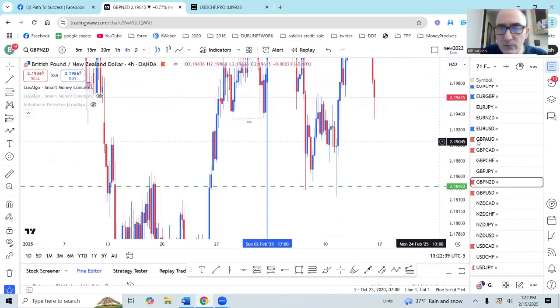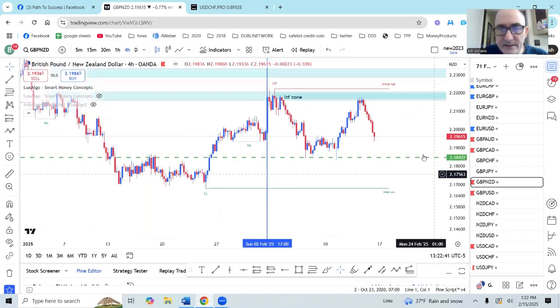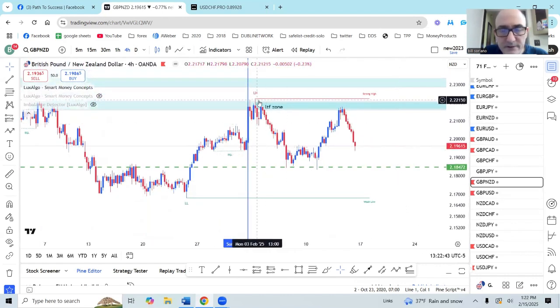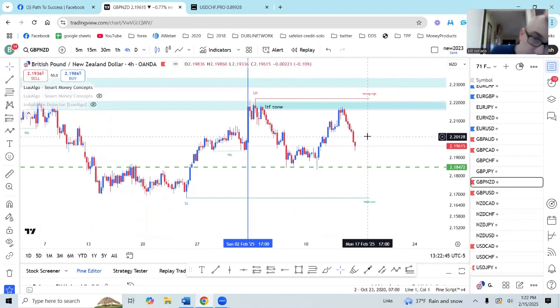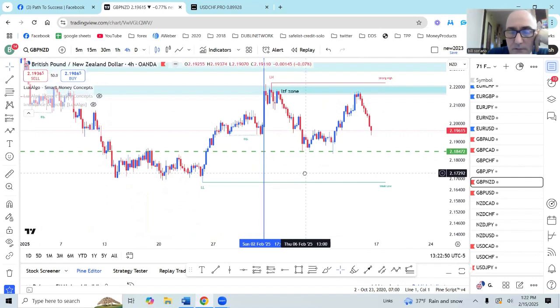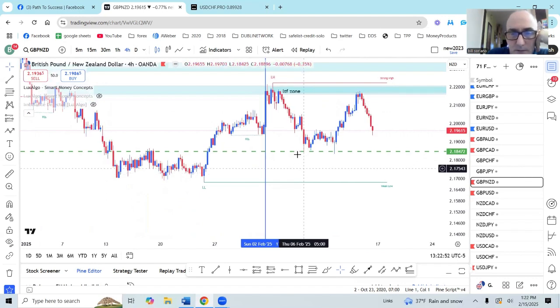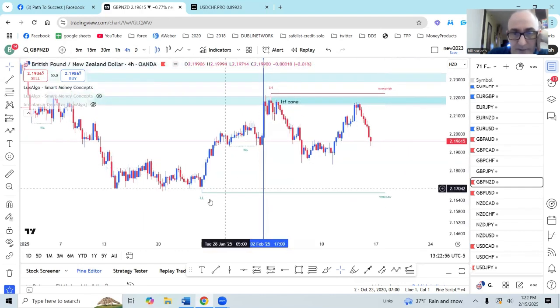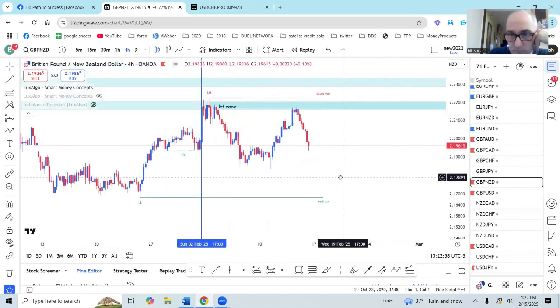So when we look at the 4-hour chart here on GBP NZD, if you're in that trade there, you would look for a break of structure down to here, right?